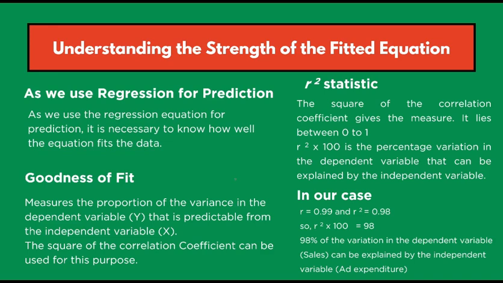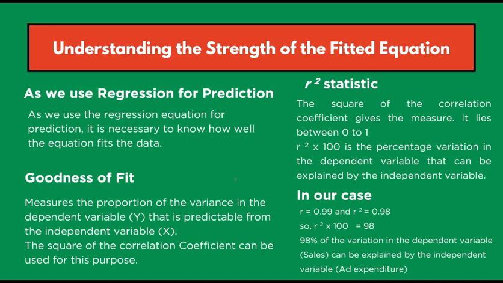I want my independent variable to explain the variation of the dependent variable as much as it can. Obviously, the highest value will be 100%. That means all the values of y are correctly predicted. This does not happen in reality, but we want to get some value close to 100%.